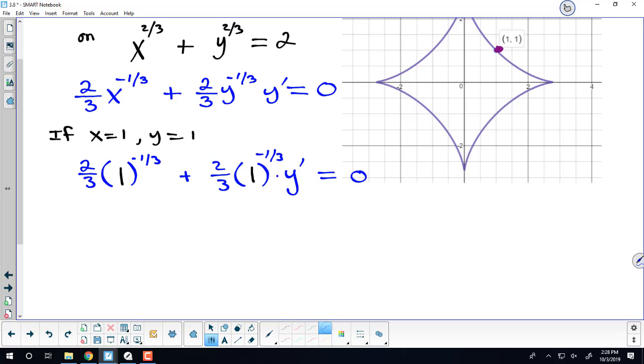So we have then 2/3 plus 2/3 times y prime equals 0.